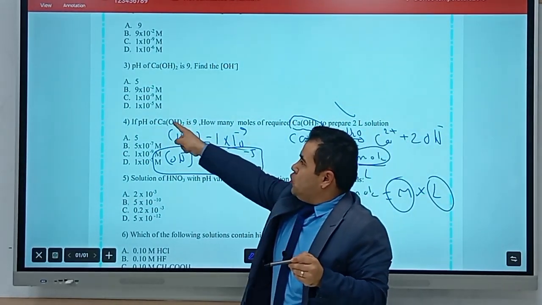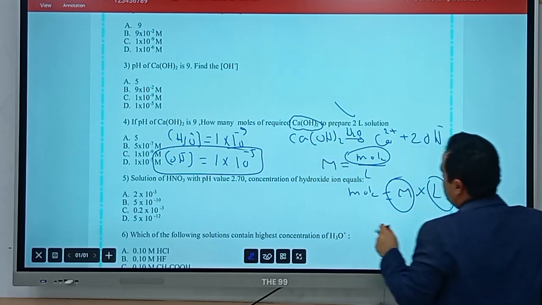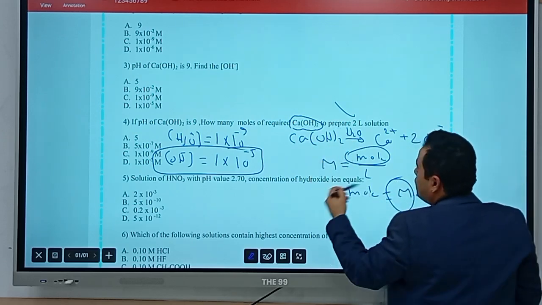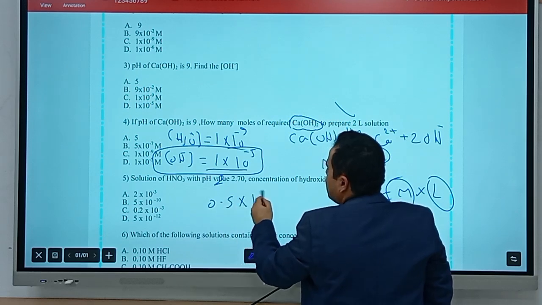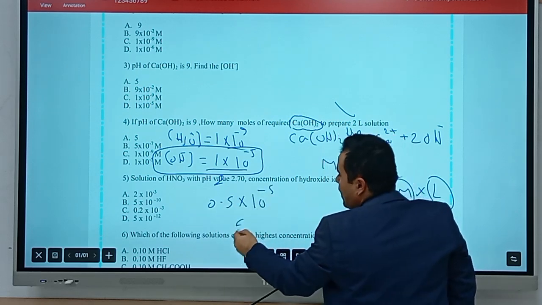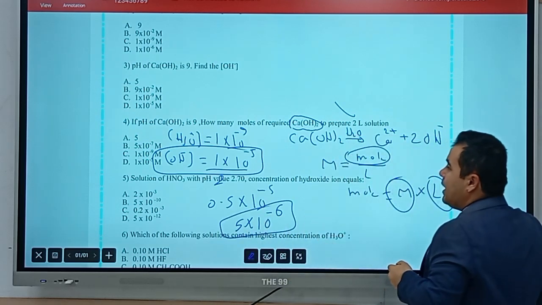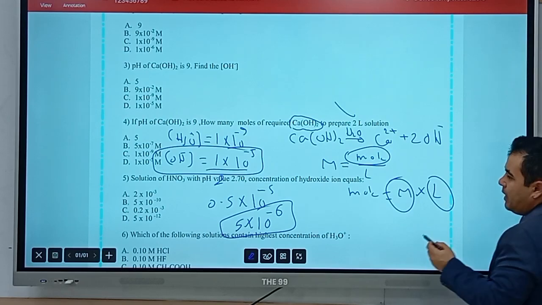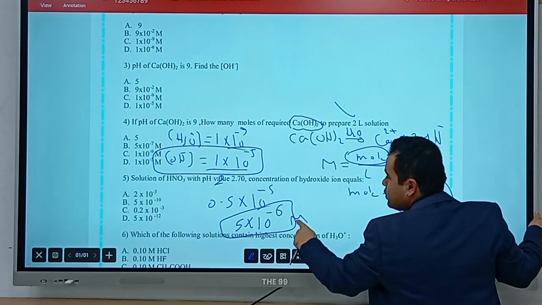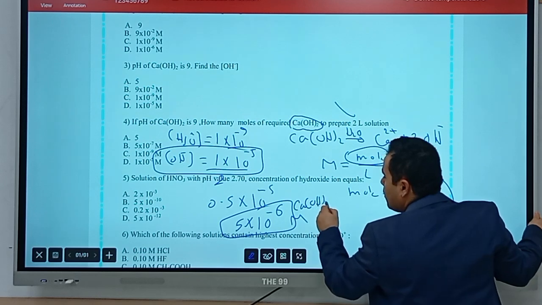To find the concentration of calcium hydroxide, the hydroxide is twice the calcium hydroxide, so we have to divide this by 2. You get 0.5 times 10 to the power minus 5, or 5 times 10 to the power minus 6. That's how we determine the concentration of Ca(OH)2.